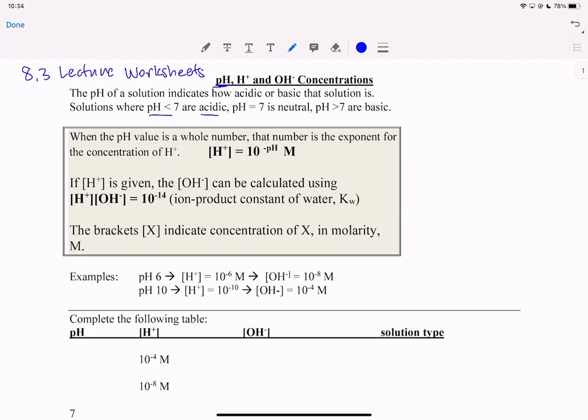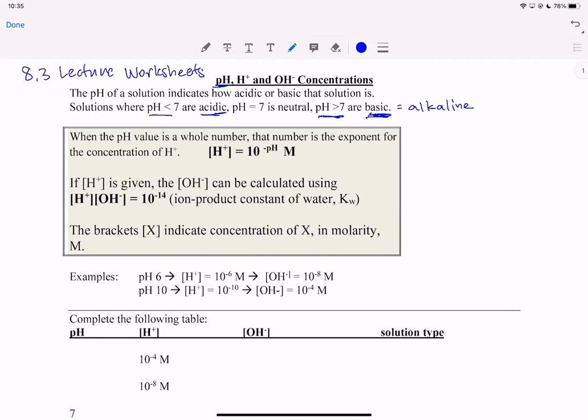Those are called acidic solutions. pH greater than 7, these are your solutions that are bases or basic solutions. Okay, and basic solutions are also called alkaline. If you've ever heard of alkaline water, which we'll talk about in lab in 2 weeks, it means that it is a basic solution that has a pH greater than 7.